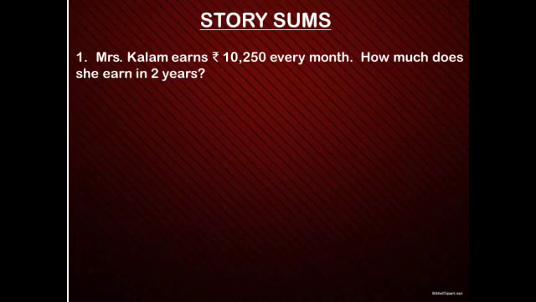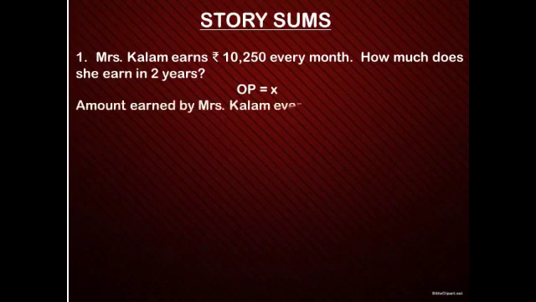And they wanted to know how much she earns in 2 years. So in 2 years, what is the amount she will have in her hand? That is also required, so that you need to find out. So what will you do? You will write the operation first. What is the operation here? It is multiplication. For 1 year you have 12 months, and for 2 years you have 12 into 2, which is 24 months.